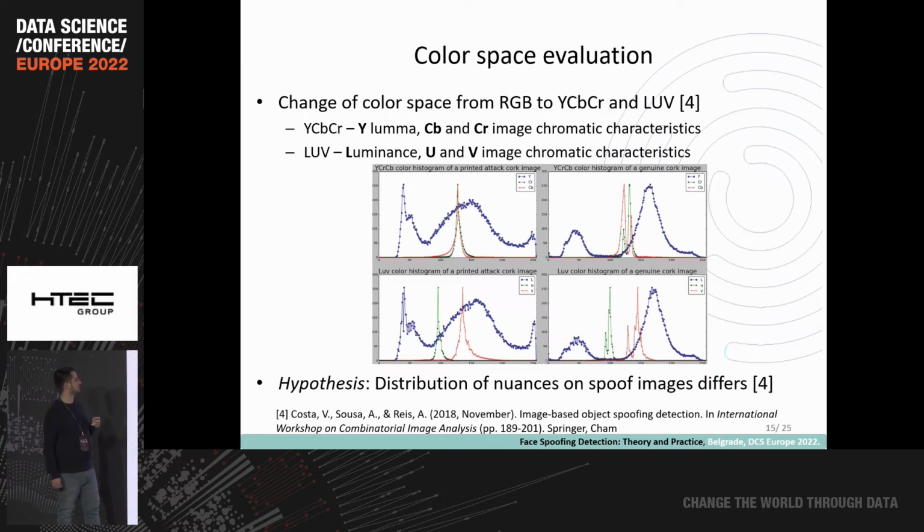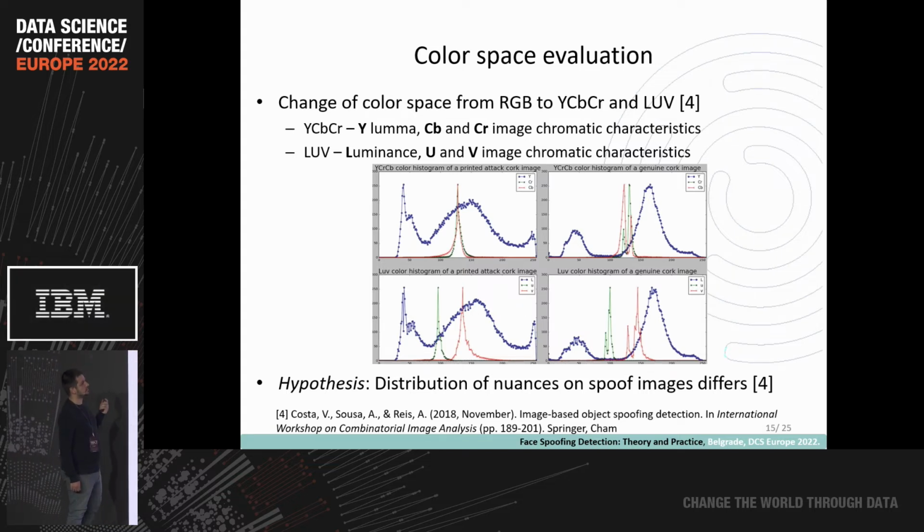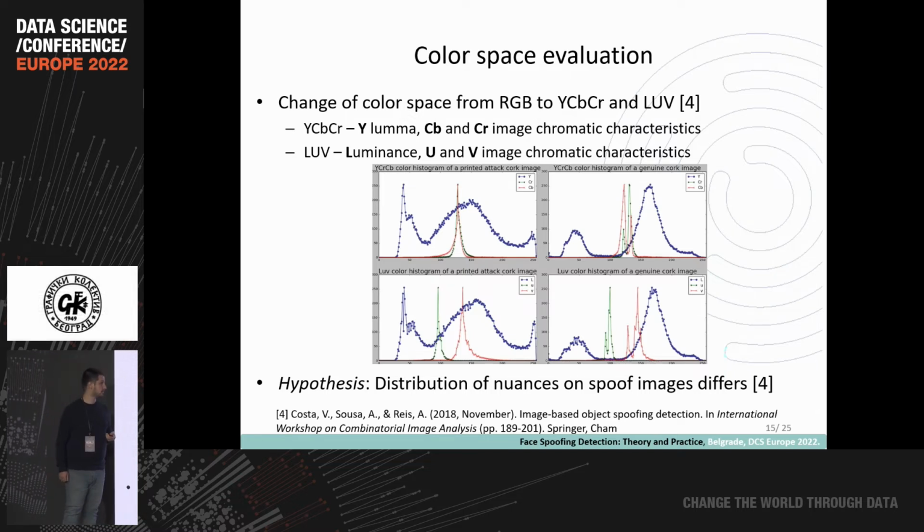As you can see, on your right-hand side, these histograms are made for printed attack images, and these histograms on the left-hand side are made for genuine images, and it's clear that these histograms are quite different, and that this can be used in practice.